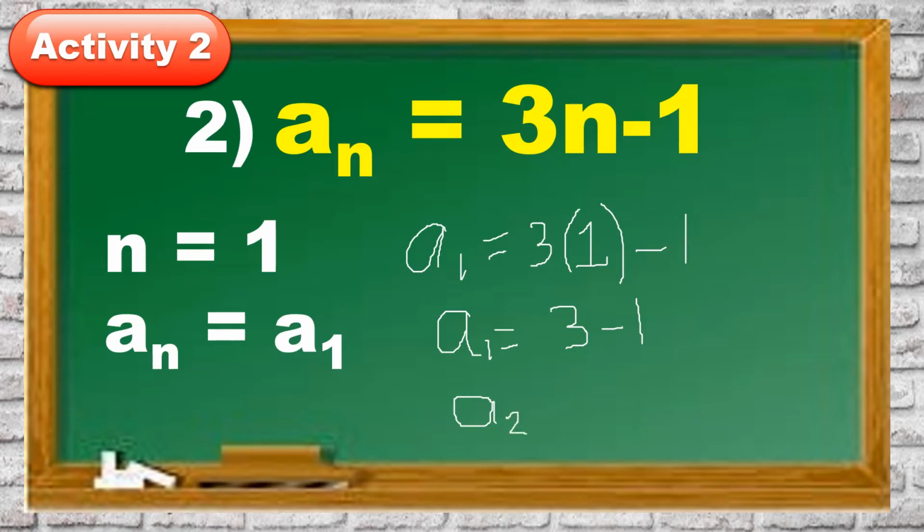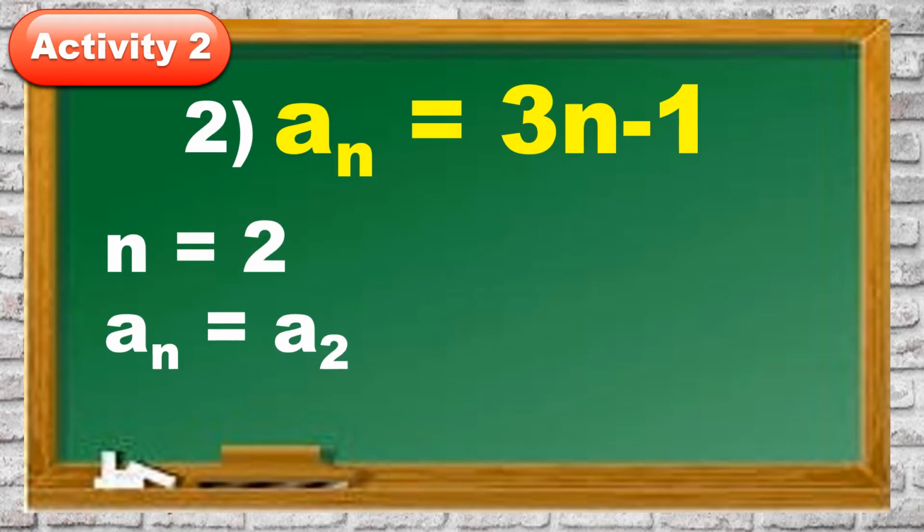So, we have a sub 1 equals 3 minus 1 equals 2. Very good. To get the second term, or a sub 2, ang n naman natin dito na ipapalit ay 2.